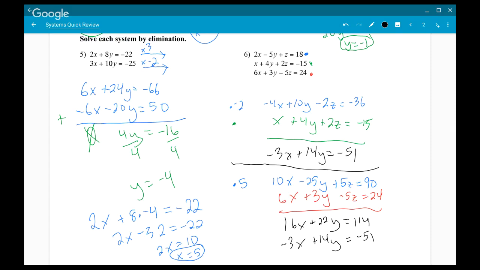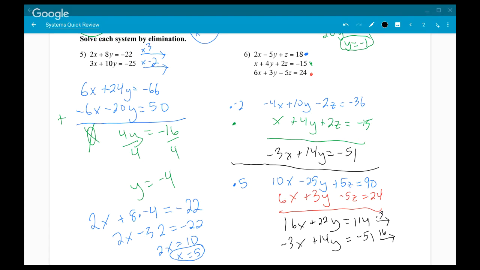Then I've got to do a regular elimination problem. Unfortunately, there's no great way to get these to match up. So I'm going to try to eliminate my x's. I'm going to multiply that top one by 3, and that bottom one by 16. Multiplying some of those numbers by 16 is going to be a little unpleasant, but hey, this is why we got calculators, right?